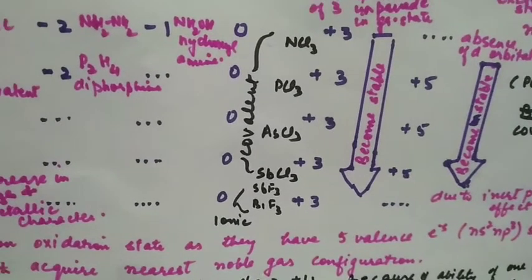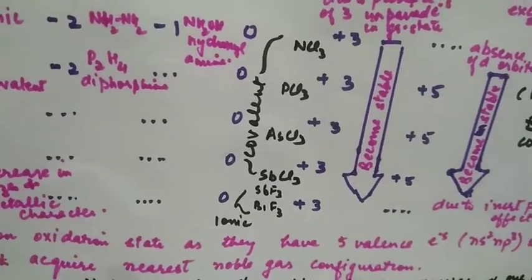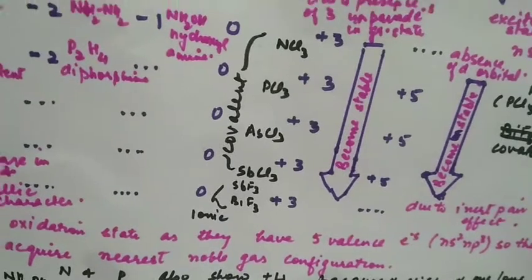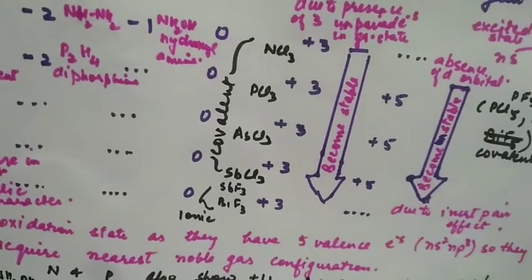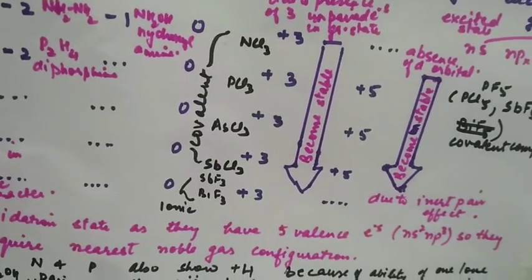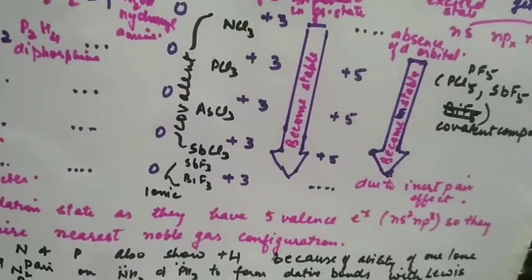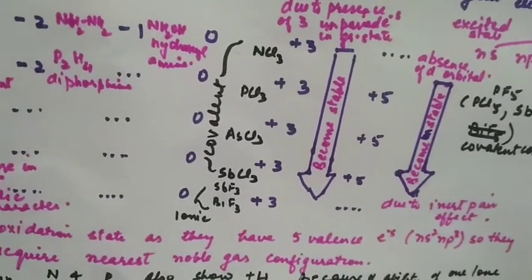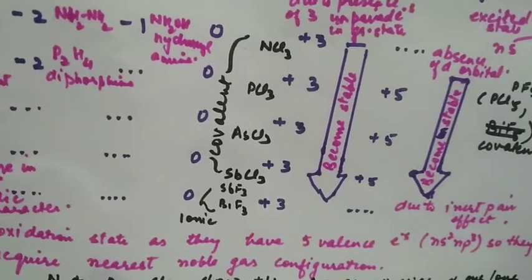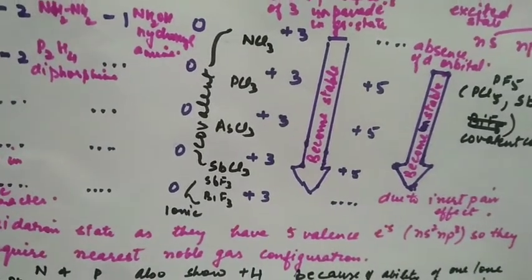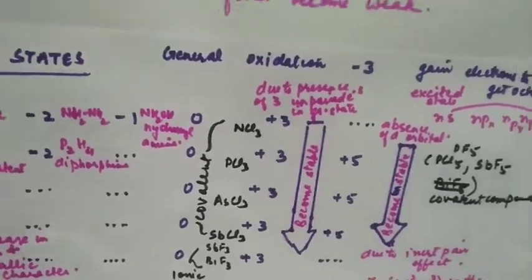The compounds of nitrogen, phosphorus and arsenic in +3 oxidation state are covalent. Even antimony chloride is covalent, whereas antimony fluoride and bismuth fluoride are ionic in nature. All are showing +3 oxidation state.